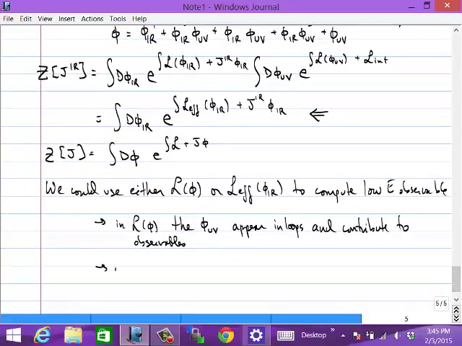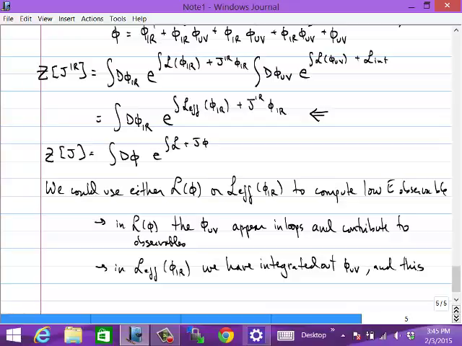However, when we compute using the low energy effective dynamics, we have integrated over the UV degrees of freedom. So often we abbreviate that by saying we've integrated out the UV degrees of freedom. Those degrees of freedom are no longer in the theory.